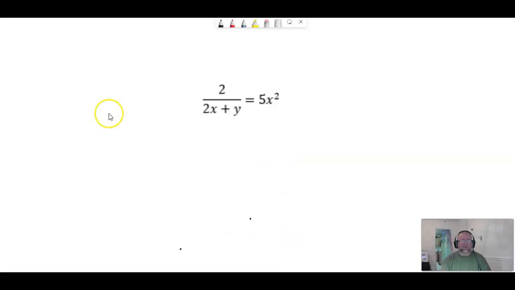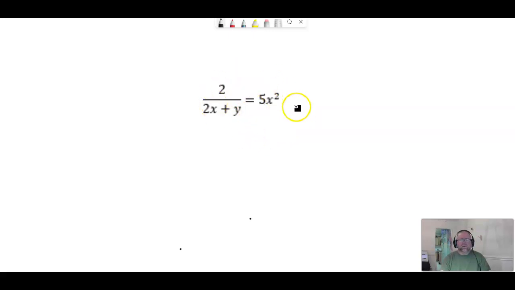Okay, now we're going to take a look at an example that's reasonably close to number 2 on the assignment, and we're given the equation 2 over 2x plus y is equal to 5x squared. It wouldn't be too hard here to solve for y and then find the derivative explicitly.